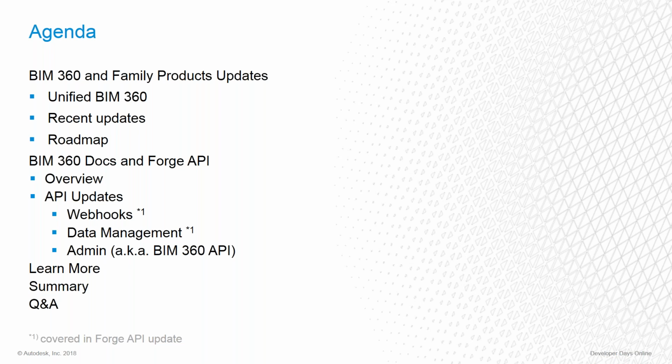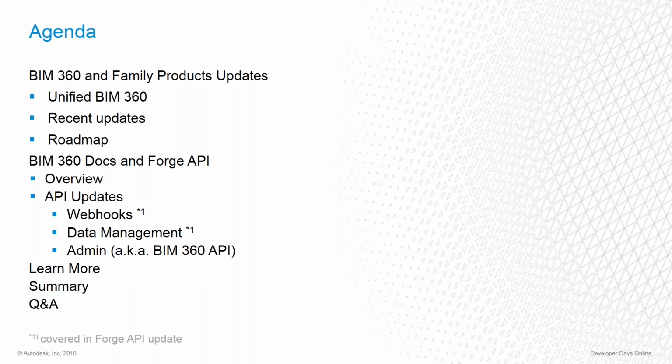First, I will give you a small overview, and then some updates. Webhooks and data management are the new API enhancements, especially the folder side in data management. These two topics, webhooks and data management updates, were already covered in the Forge API updates done by Cyril last week, so I will just recap.